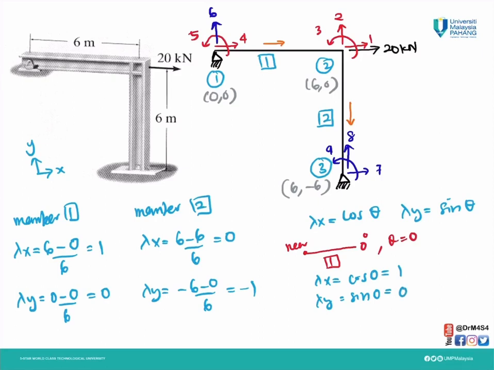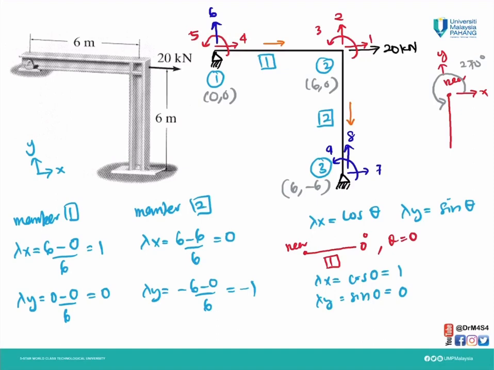How about member 2? For member 2, here is the near end, this is your x direction, this is the y direction. The angle from here to there is 270.